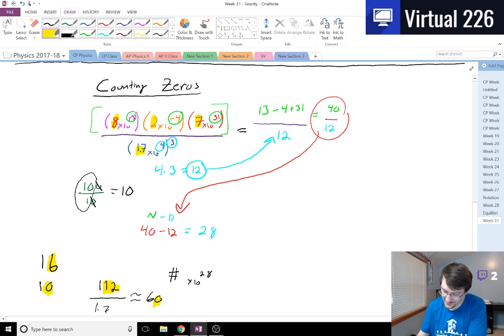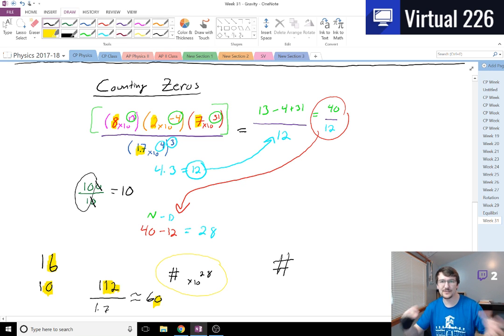So my guess for my answer here, because I've got one extra zero, is it's going to be some number, maybe a 5, a 6, a 7, but because I've got this extra zero here, it's going to be some number times 10 to the 28 plus this extra 29th. And that's just a guess. I'm not exactly sure, but I have a good feeling that I'm going to be around there by some amount.